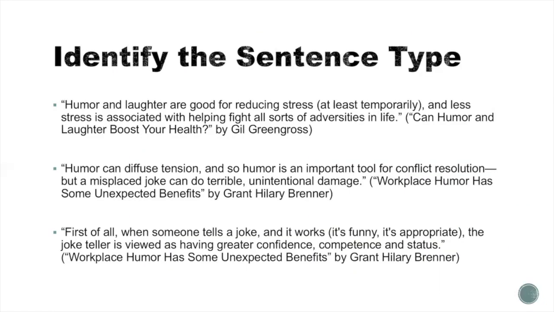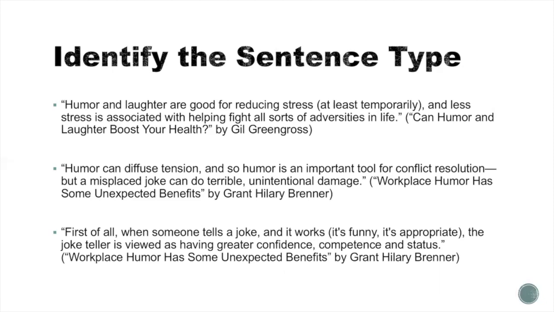Try to see if you see any of those, and you might circle them or cross them out and try to decide, could I place a period there instead? With the third sentence, do the same thing. Look for FANBOYS words, look for complex dependent words, circle them or cross them out. See, can I add a period? And once you've done that, you can start the video again. So pause it and try it.